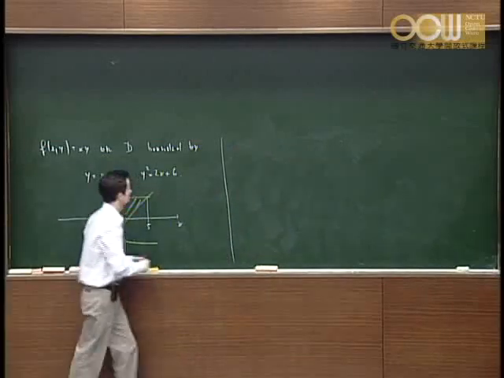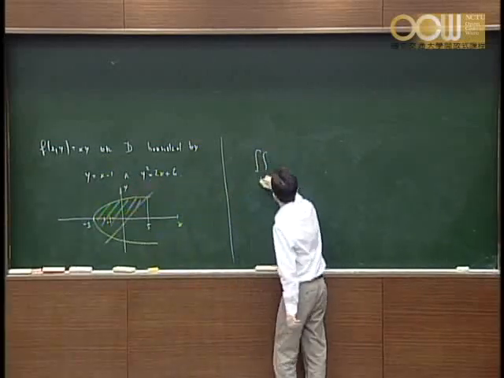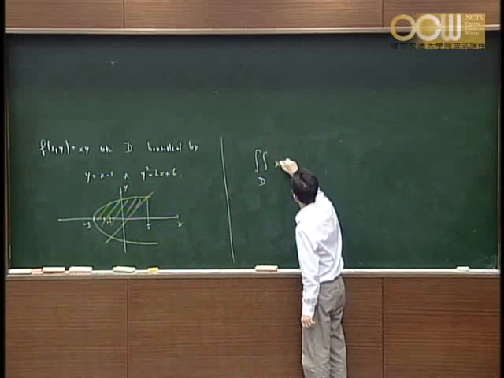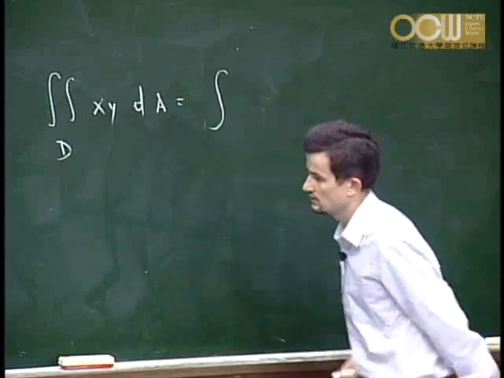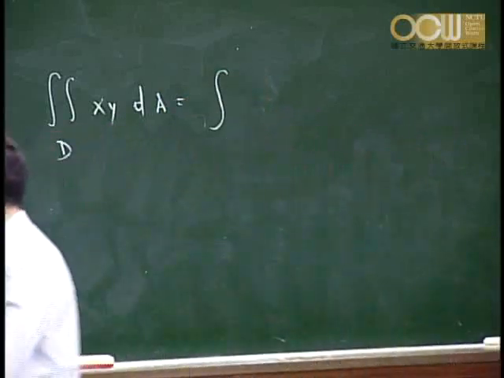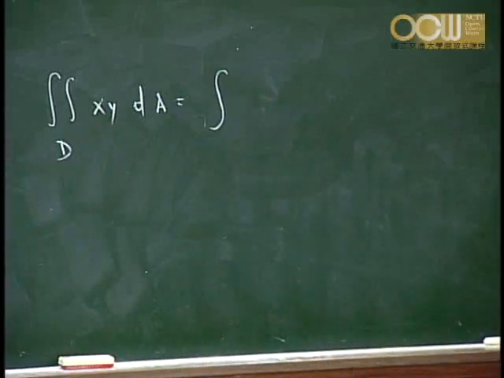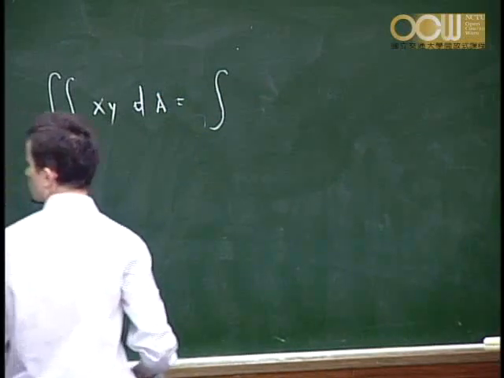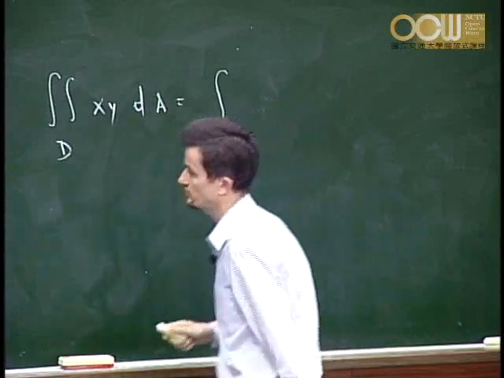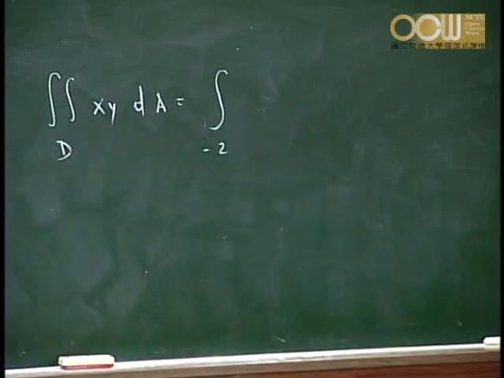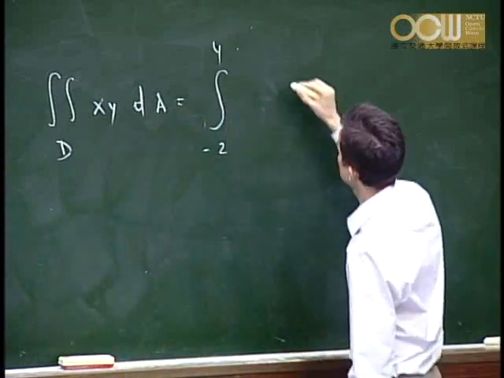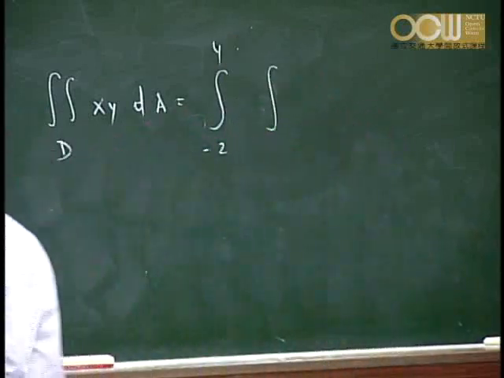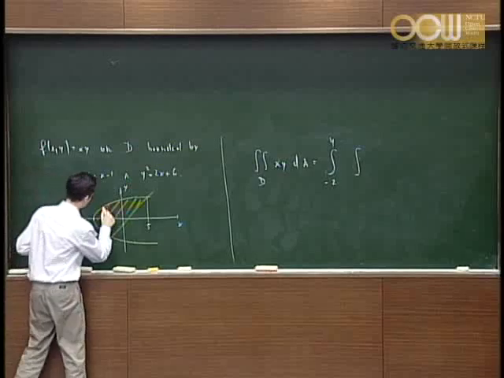Okay. So the double integral over D of x y dA is equal to. Now, first, if x is equal to minus 1, y will be equal to minus 2, so from minus 2 to, if x is equal to 5, y will be equal to 4. Now we fix one of those directions.